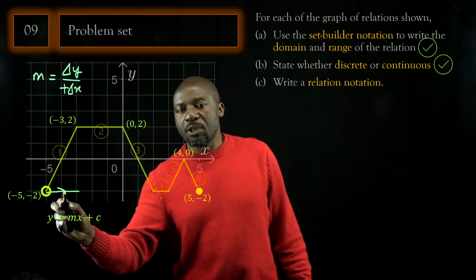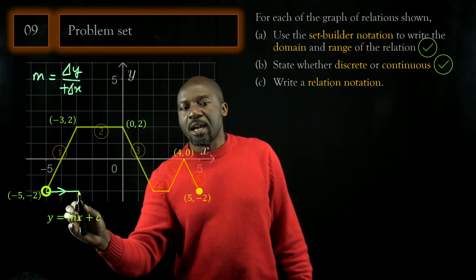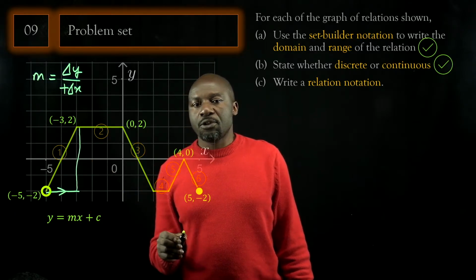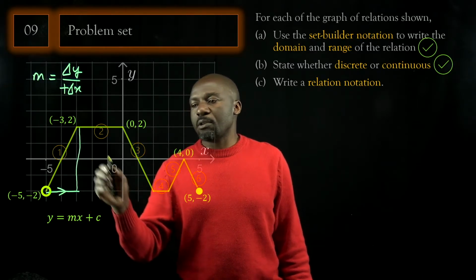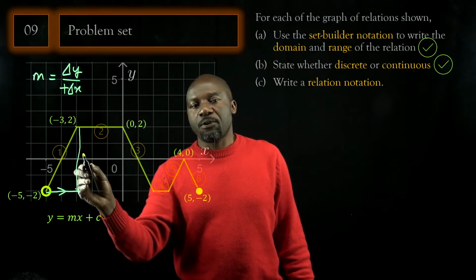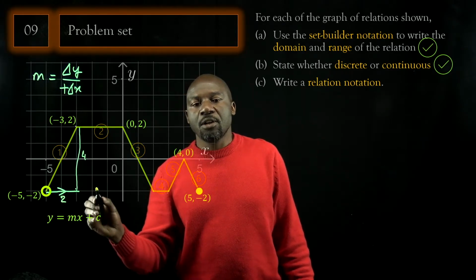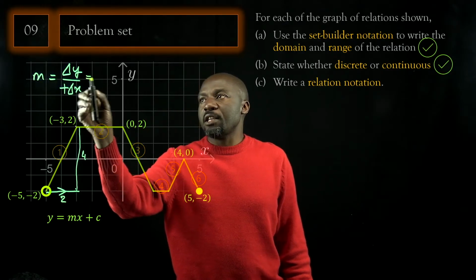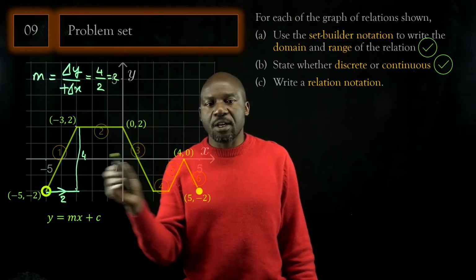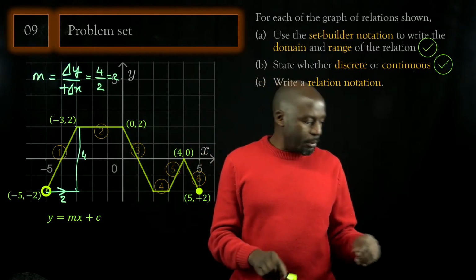We always move in the positive x direction, and therefore to get there I must rise 4 steps. Sorry, that line is a bit crooked, but from this point to that point is 4 steps, and from this point to this point is 2 steps. So the gradient is the change in y, in this case positive 4 over positive 2, which gives me 2. So I know the gradient of line 1 is positive 2.